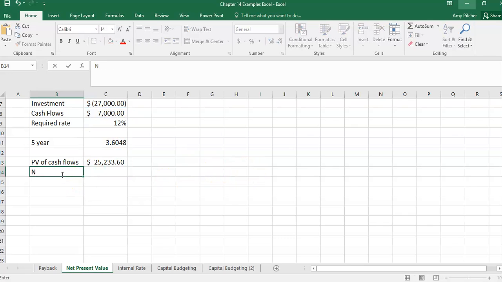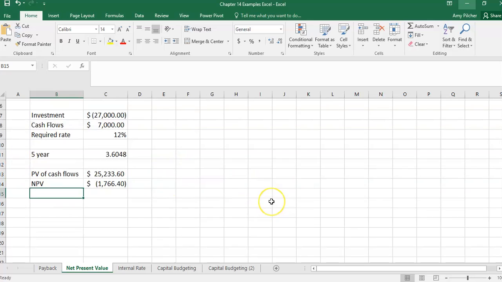The net present value of the project is the present value of cash flows plus the investment. That's why we put the investment in as a negative number. So this investment has a net present value of negative $1,766.40. This means that we would not take on this investment.